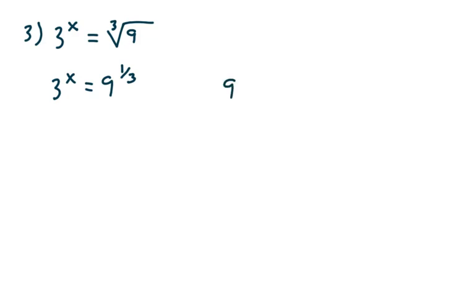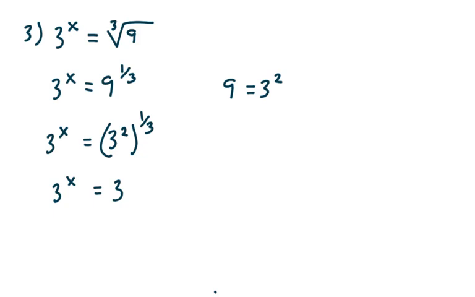The answer is yes, I can. 9 can be written as 3 squared. So 3 to the x is equal to 3 squared raised to the 1/3 power. And so this tells me 3 to the x is equal to 3 raised to the 2/3 power.